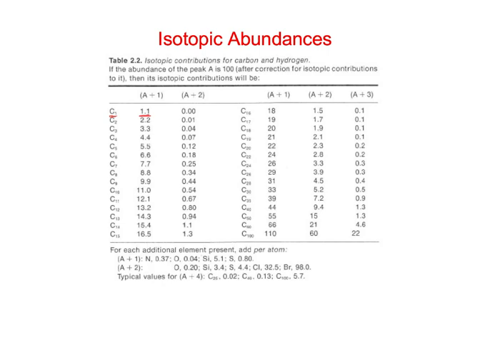And so it just goes up by 1.1. So, 2.2, 3.3, 4.4 on up. This A plus 2 is how the possibility of 2 C13s in the molecule would increase.